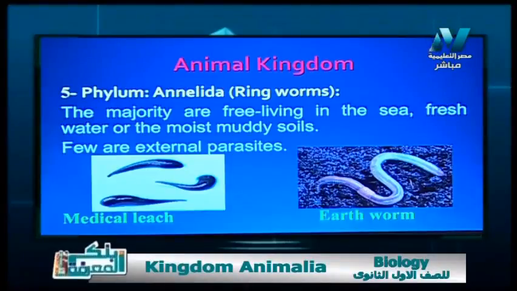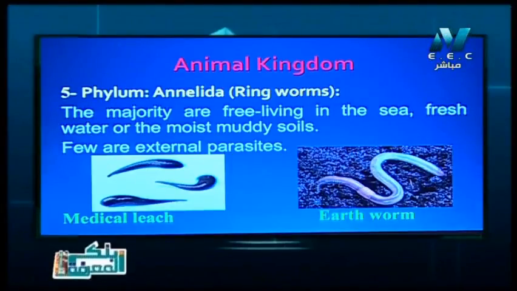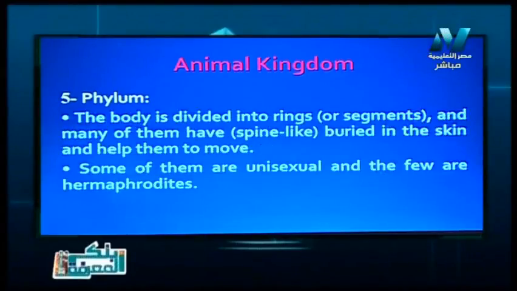And the body systems are there. The digestive system, of course, because it feeds on organic materials in the soil. So there is a digestive system, circulatory system, and of course excretory system beside the reproductive system. And the sexes here are separate. That means they are unisexual worms.